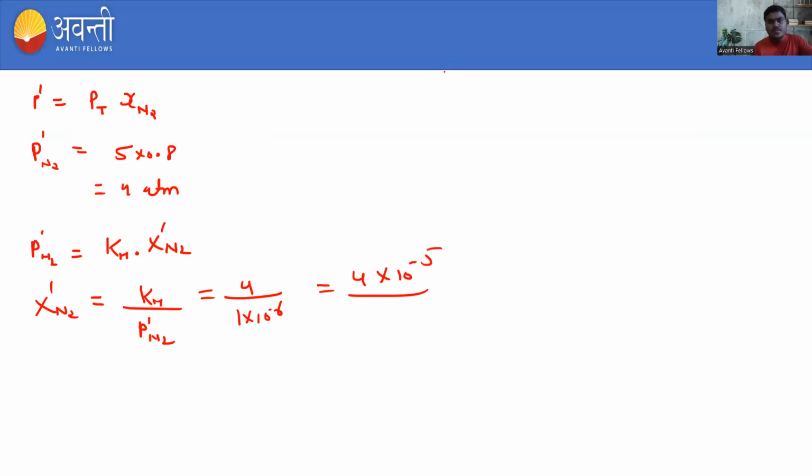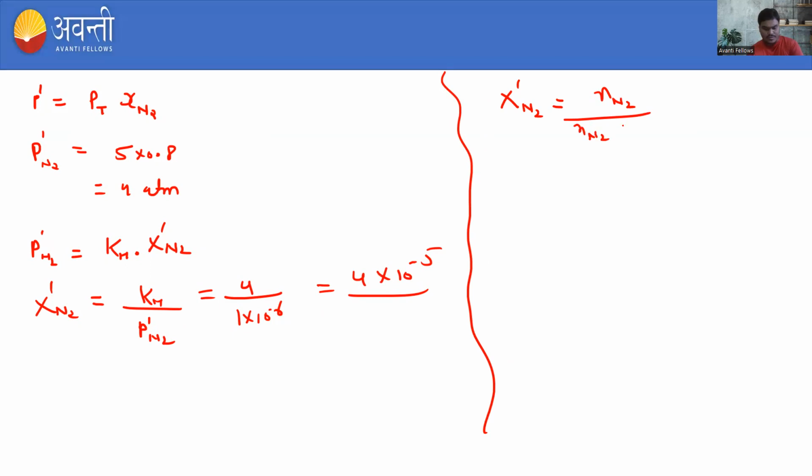Now if you get the mole fraction, now we know that the mole fraction of N2 is equal to the number of moles of N2 upon number of moles of N2 plus 10. So we get 4 into 10 to the power minus 5, and this is approximately equal to the number of moles of N2 upon 10.